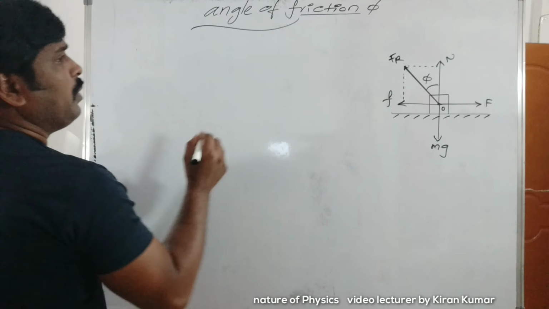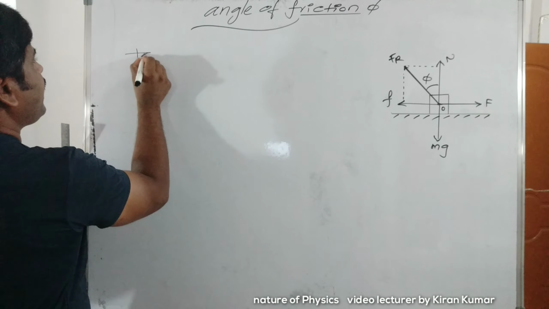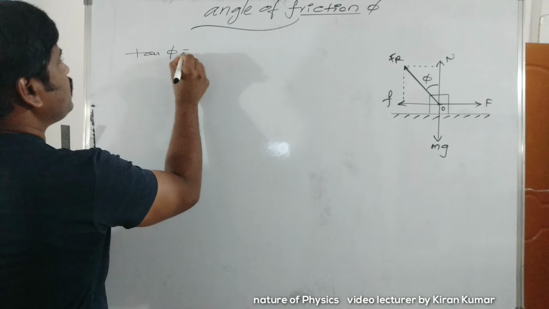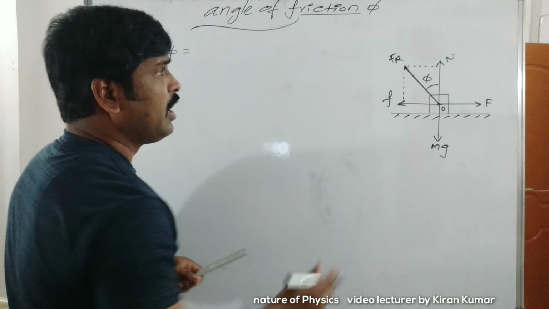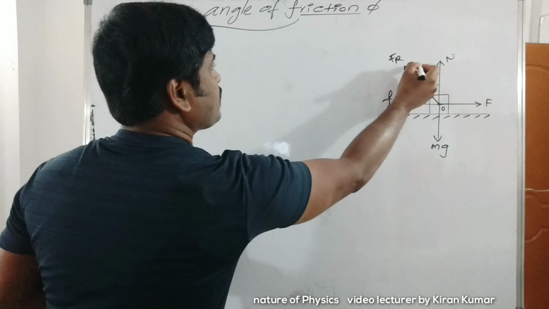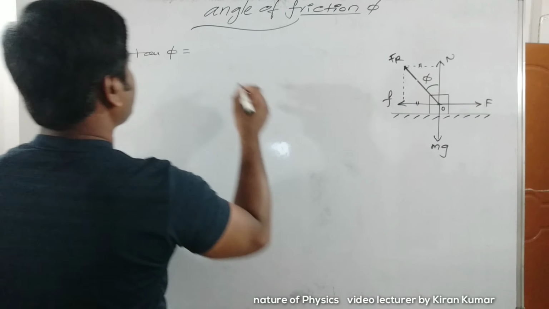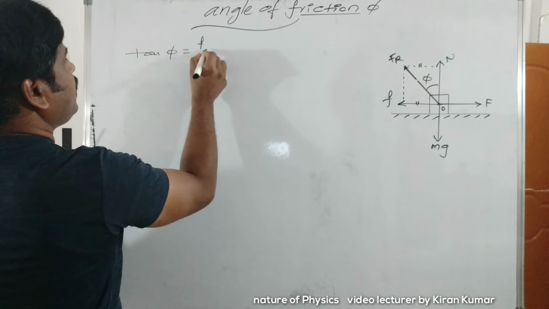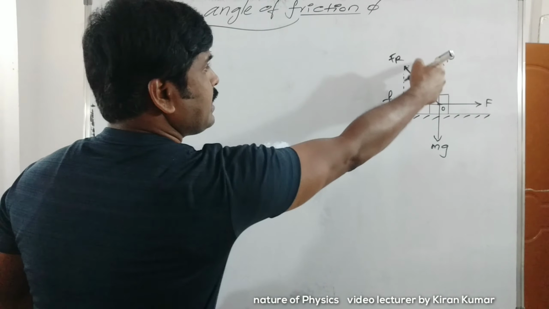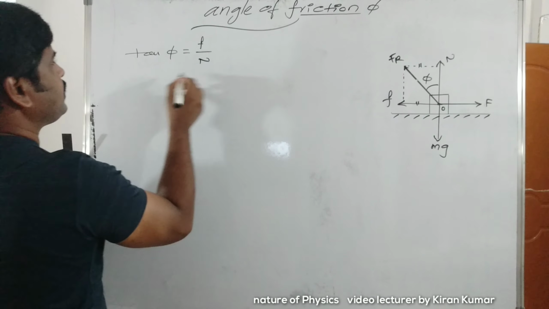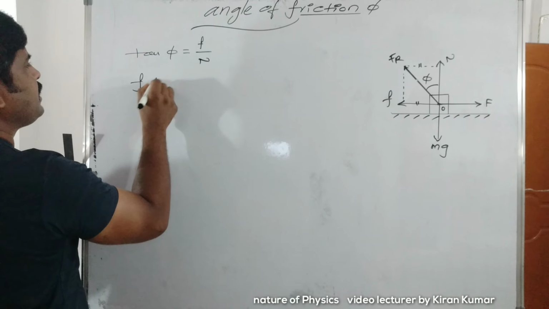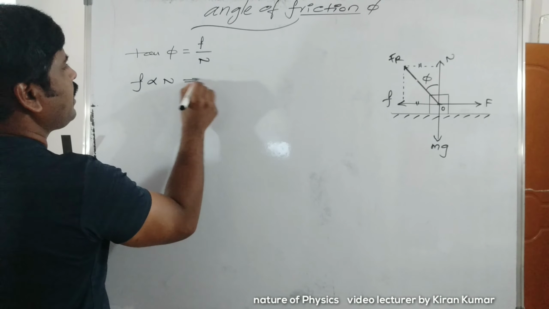So now tan phi is equal to opposite by adjacent side. Opposite is the frictional force, so f divided by the adjacent side, which is the normal reaction. So the frictional force is directly proportional to the normal reaction.